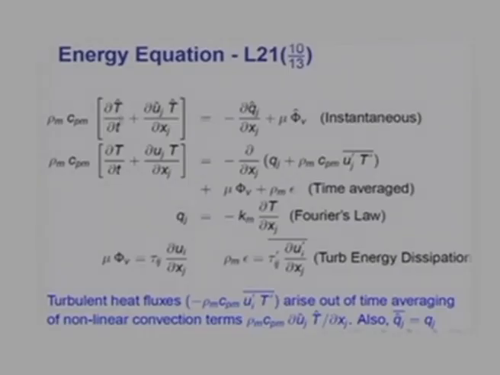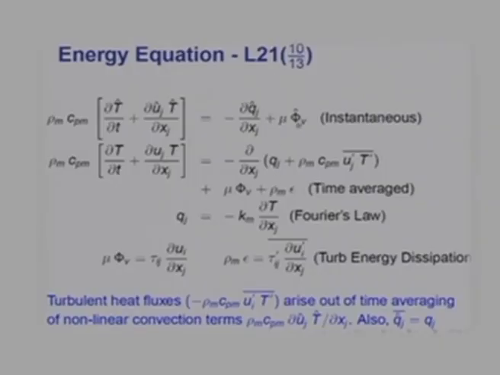Then the time averaging of that would simply result in dT by dt, but the time averaging of this, which is a product, would result in d u_j T by dx_j here, and the product term of the fluctuation has been transferred to this side, which will result in minus d by dx_j of rho_m c_pm u_j dash T dash. The time averaging of the conduction term would simply result in that q_j.